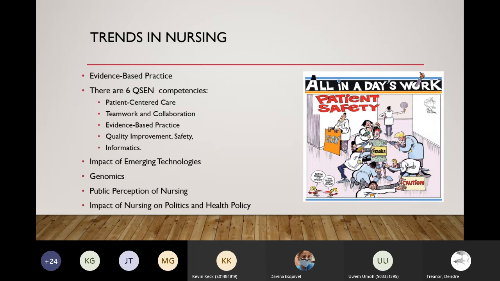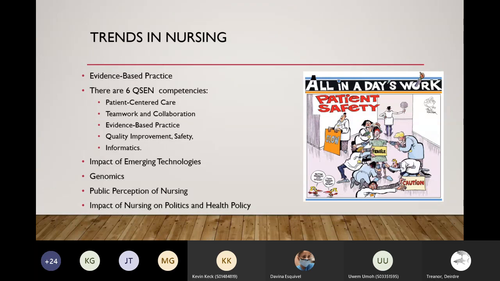Then we have emerging technologies, so EMR systems, genomics or genetics, which are helping us determine people's risk factors. Then there's public perception of nursing. Nurses generally, mostly, have been the number one most trusted profession in a survey of people.